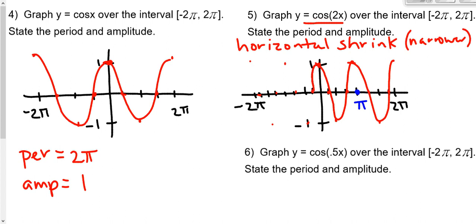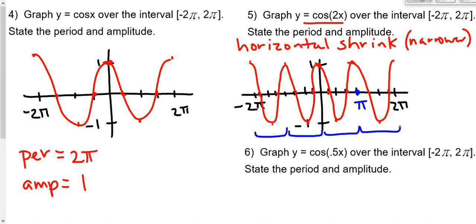We go until we reach the endpoints of our interval. Okay. Do you see how that looks 2 times narrower? Because of the 2. Notice that we have 4 full cycles in there. 1, 2, 3, 4.